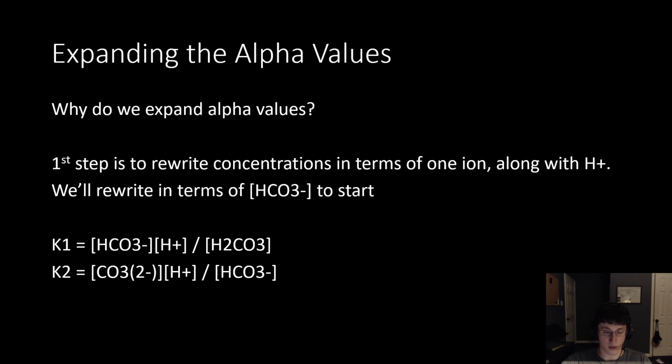Writing our equilibrium expressions for each of the dissociations of carbonic acid, we have K1 equals the product of the bicarbonate concentration times the hydronium concentration divided by the concentration of carbonic acid. And then for the second proton dissociation, we have K2 equals the product of the carbonate ion and the hydronium ion divided by the concentration of bicarbonate.